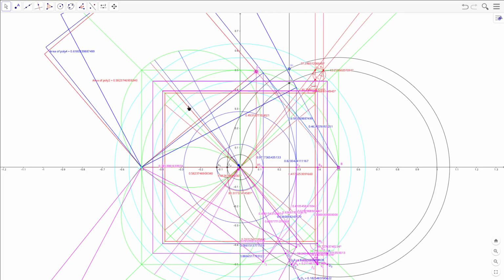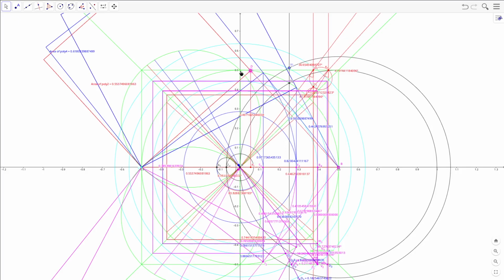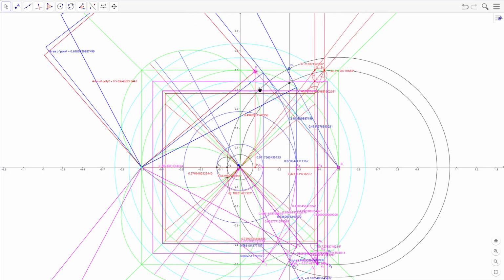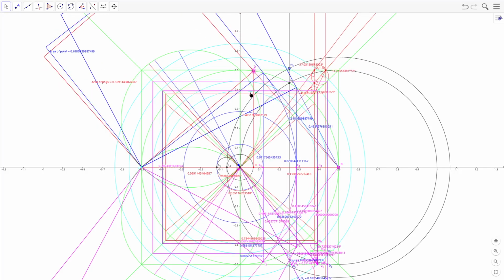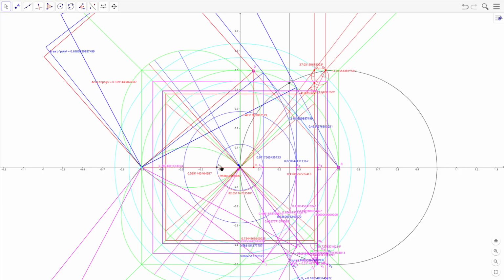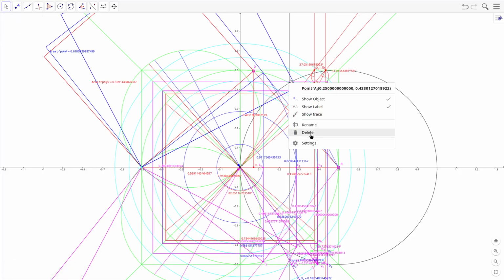So let me move the red line here. Okay, so this angle here, this angle here. Well, anyways, I've said enough. If you guys don't get it, you'll just never get it at this point.